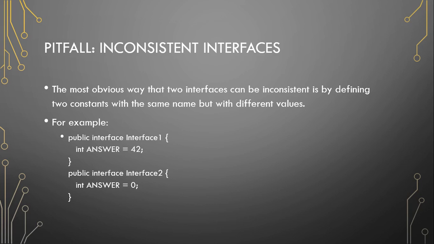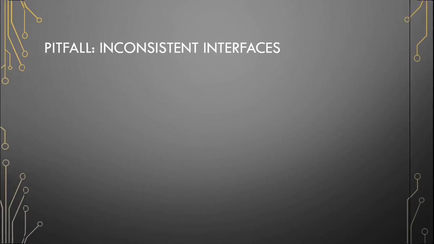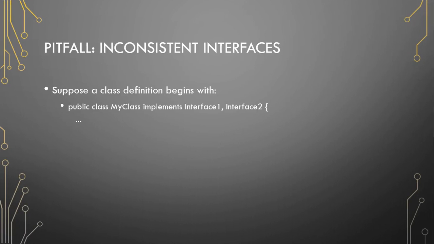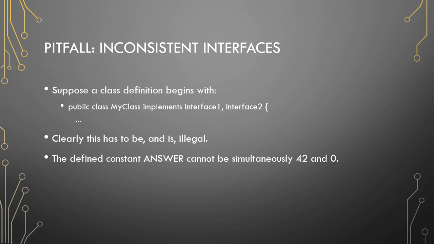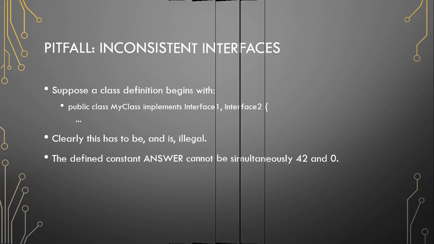There's nothing else to differentiate them. Suppose a class begins with public class MyClass implements Interface1, Interface2. Clearly this has to be, and is, illegal because ANSWER was 42 and was 0. You can't be both at the same time. It just doesn't work.